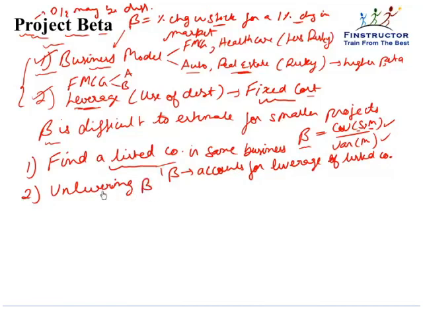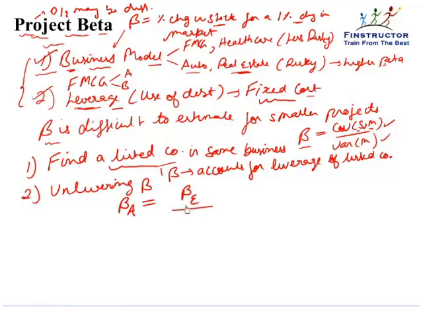That is, from this listed company's beta, just find out the risk of the business, ignore the impact of debt. So we say that beta of the asset, or beta of asset means beta of the business, just the business risk, is given by the beta of equity. Equity will have both risks incorporated, the risk of the business model as well as the risk of debt. So from this we are taking away the leverage risk.